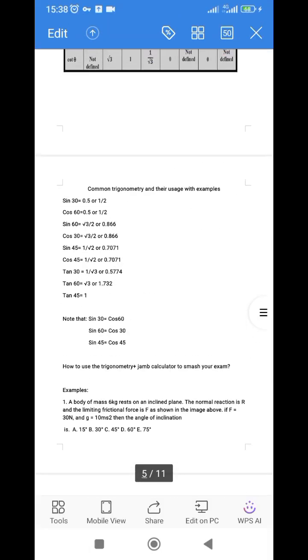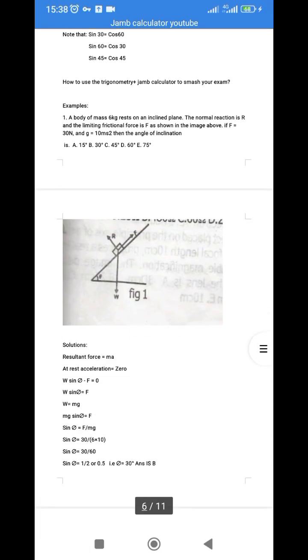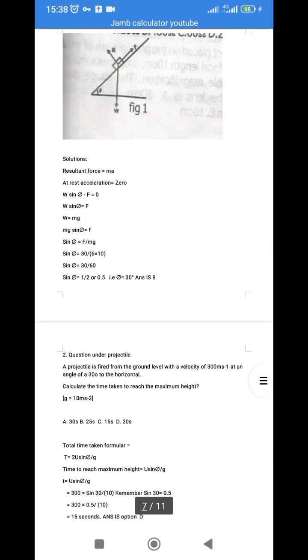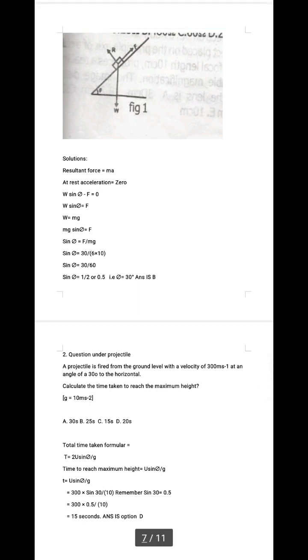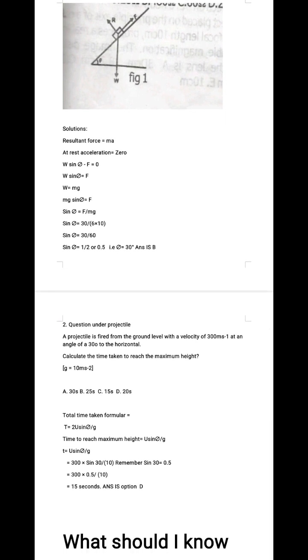Now we're looking for theta. Whenever we have 0.5, the theta will be 30 degrees. Whenever we have 0.866, that will be 60 degrees. Remember what I showed you over here. Very vital. So if you do it together, I say 30 over 6 times 10, which is your mass times your gravity. What do you end up having? You end up having this.